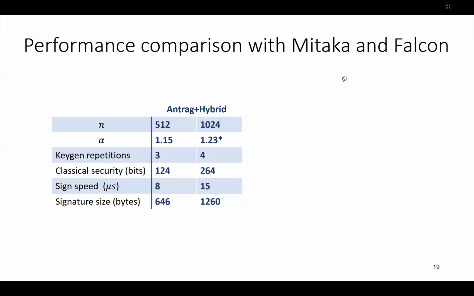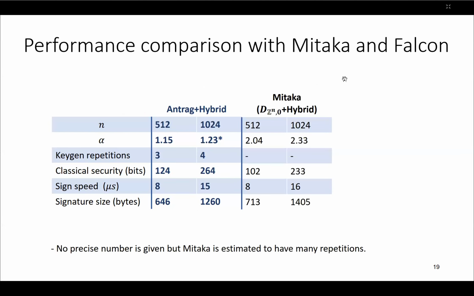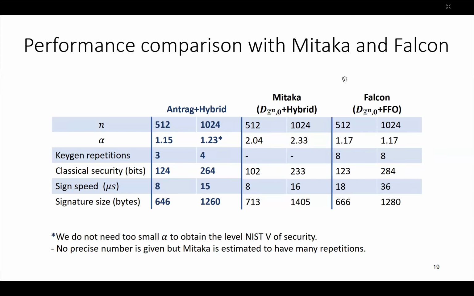About the performance, compared to Mitaka, we can see that the combination of untyped keys and hybrid sampler can improve a lot of the security, and it has a smaller number of repetitions in the key generation. Compared to Falcon, untyped and hybrid gives the same level of security and a smaller number of repetitions too.